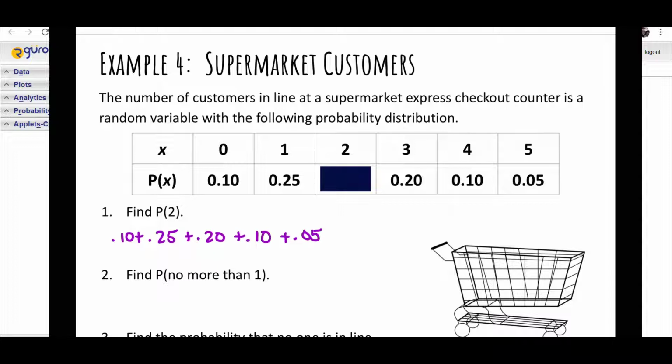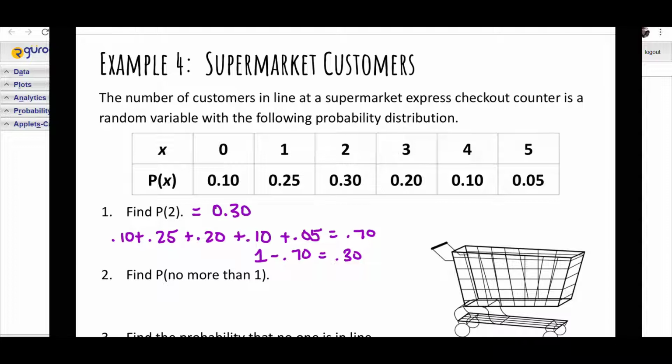Let's see, 10, 20, 35, 45, 55, 65, 70. So that's 0.70. What goes here needs to add to the 0.70 and give us 1. So I can just say 1 minus 0.70, and you can do this in the calculator, and we're going to get 0.30. So the probability of 2 is 0.30.